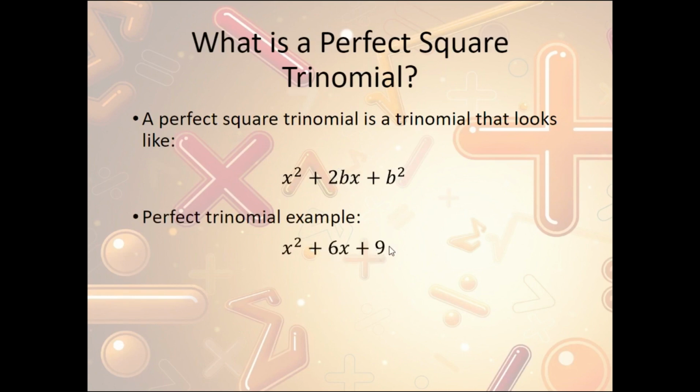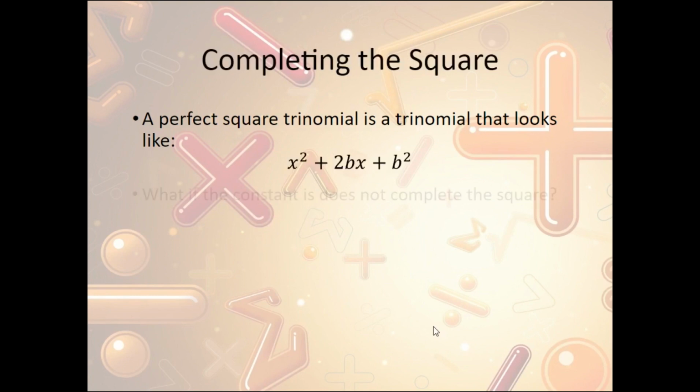So we know that 9 is 3 squared, and 3 times 2 is 6. So this is a perfect square trinomial. When we factor this, we recognize that this becomes (x plus 3) times (x plus 3), or (x plus 3) squared.